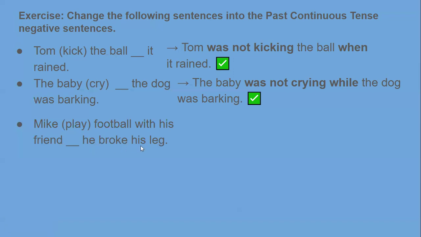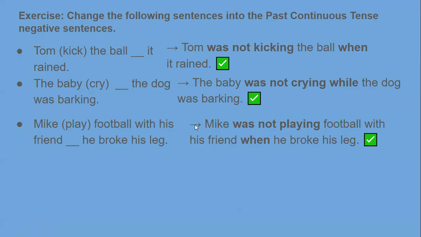The second action is in the simple past, and therefore it means that the second action interrupted the first action. So we have to put when. As such, the correct sentence becomes, Mike was not playing football with his friend when he broke his leg.